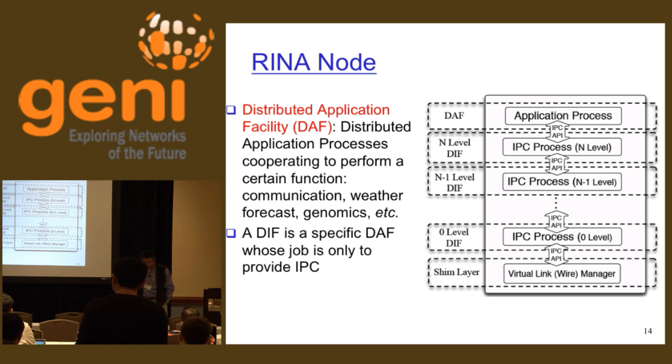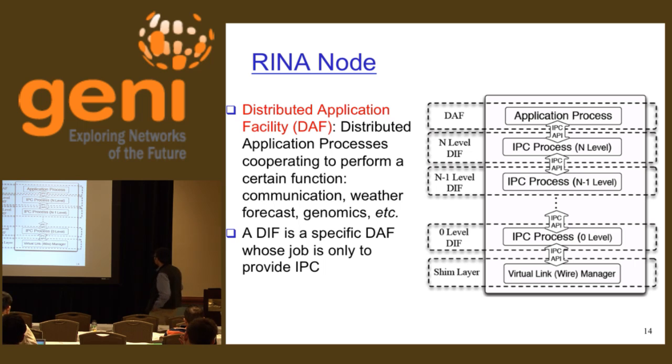So for the prototype that you'll use today, we have what we call the RINA node, where in a node you can define application processes, and IPC processes or communication processes at different levels. So we have this multi-level kind of DIF layers.